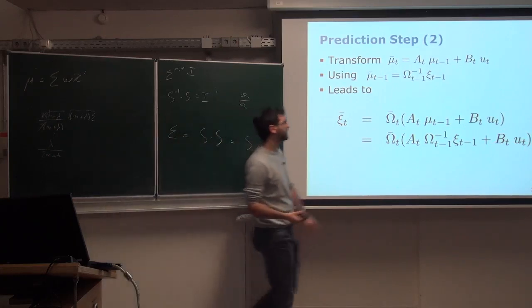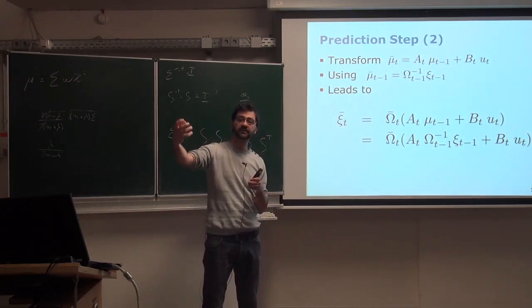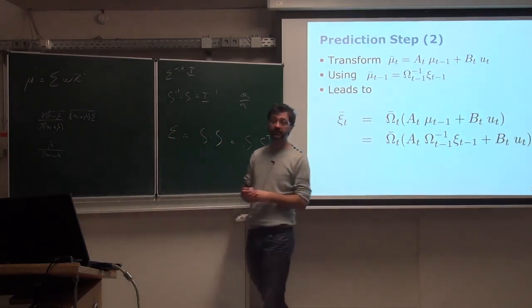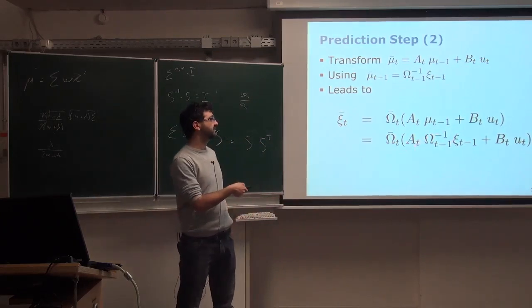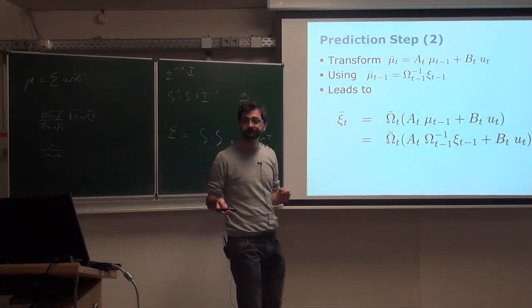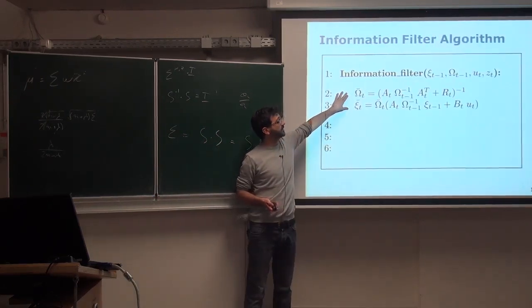Okay, so you always have this kind of conversion when you do the update, and that's somehow an expensive part because you have a matrix inversion there, unless this matrix has a special structure that can make it efficient. Okay. So this is how we modify the prediction step.